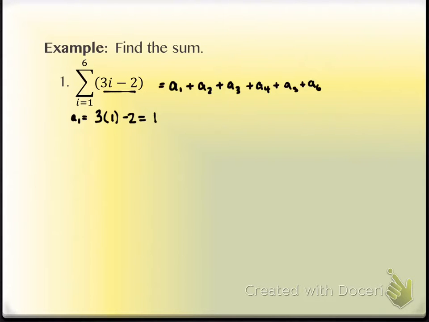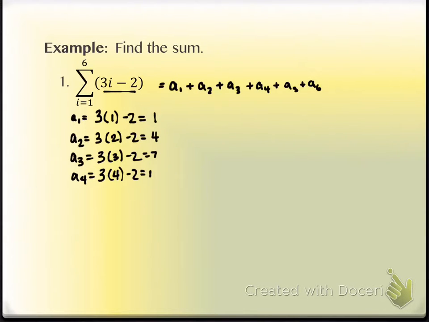1. Right? Okay, so a2, I do the same thing. 3 times 2 minus 2. What does that give me? 4. How about a3? 7. How about a4? Does anybody notice a pattern?